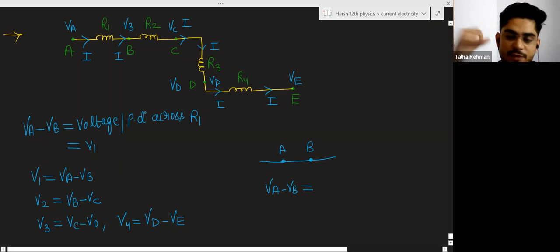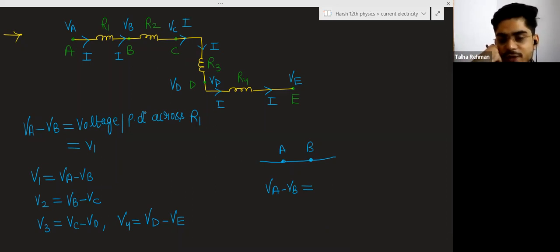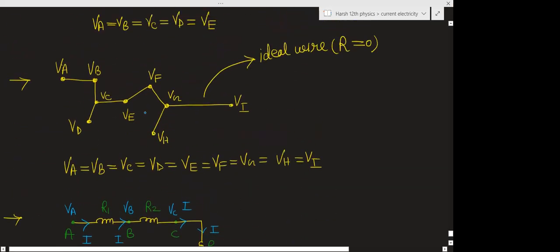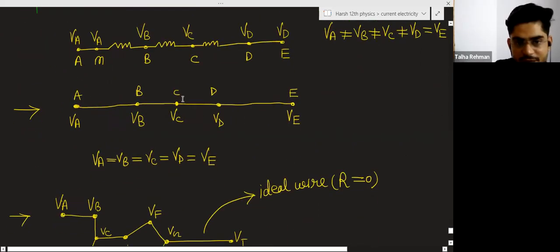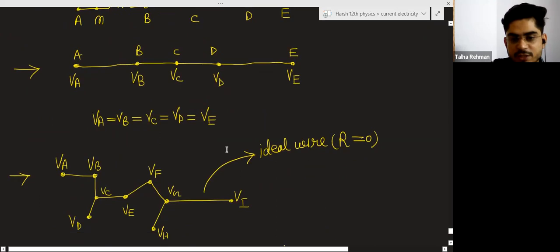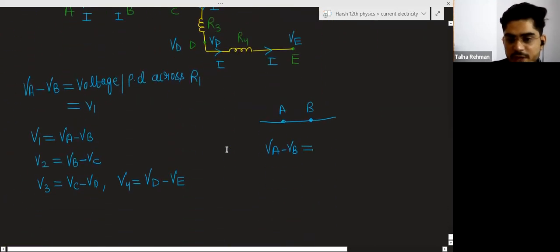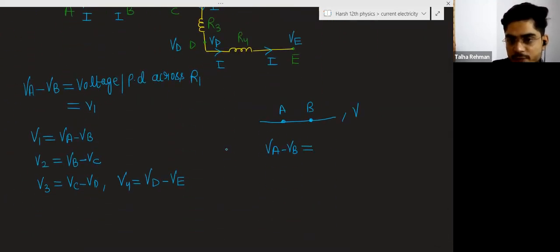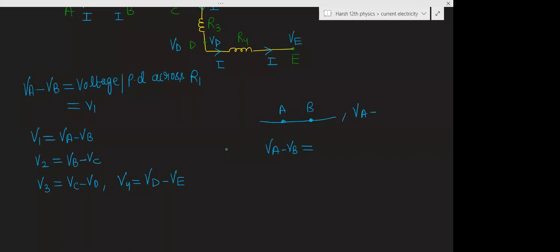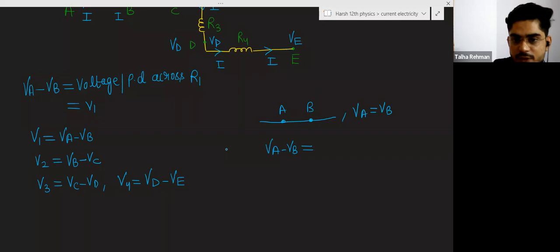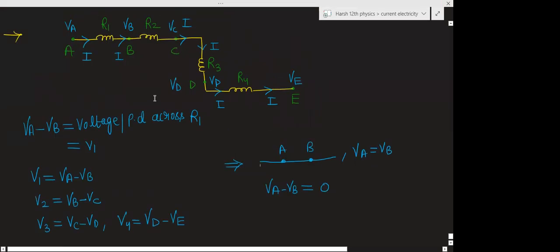Actually, this is a single wire, and we know that there are no resistors. I have told you when we have a wire like this, all the potentials are the same. Means VA is equal to VB. So it will be zero. Very good. VA is equal to VB, means this will become zero.